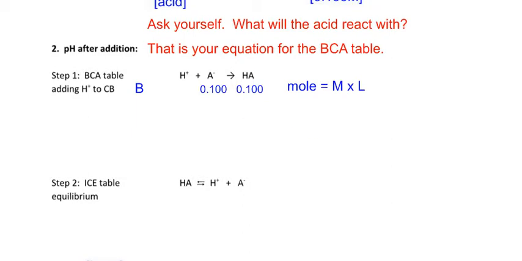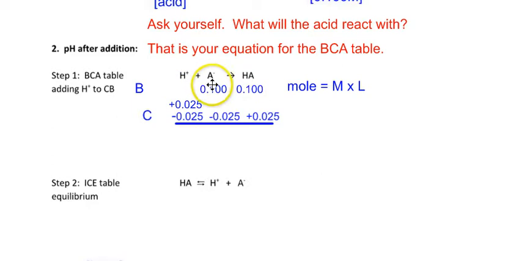Now, when I do this kind of problem, this next step isn't really a B or a C, I don't know what to call it, but I'm going to stick it underneath the B, because this is where I'm adding the 0.025 moles of my acid. So this is my beginning step, and now I'm going to add this part here. What's going to happen? All of that H+ is going to react with the A- to make the weak acid.